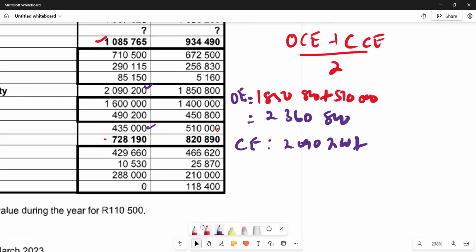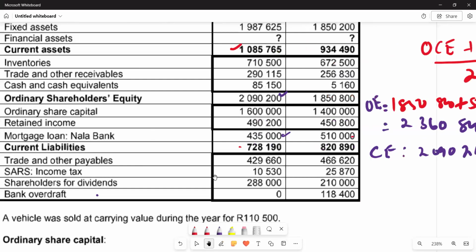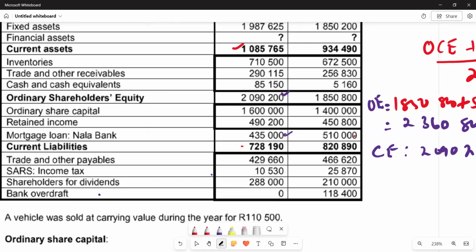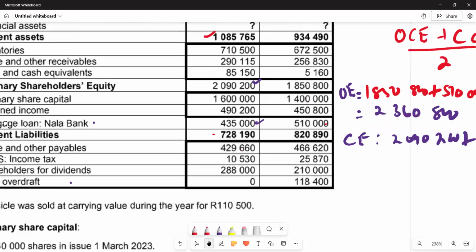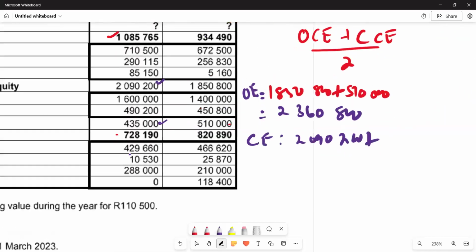You can just maybe confirm the description, our non-current liabilities being represented by this loan, which is 435,000. And then we can try to calculate it there by saying 2,090,200, and then we add 435,000. And then we are going to get 2,525,200.